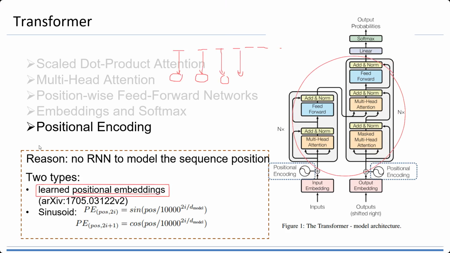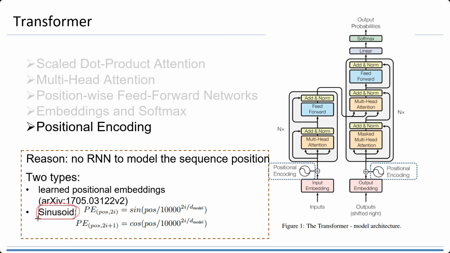However, there is another kind of work. They use the sinusoid. So the sinusoid means they will use this function PE. PE is the positional encoding. And there are two functions.